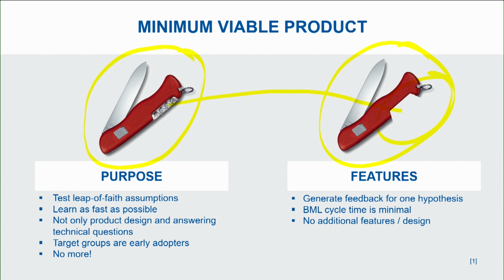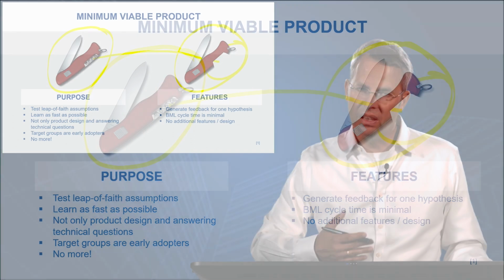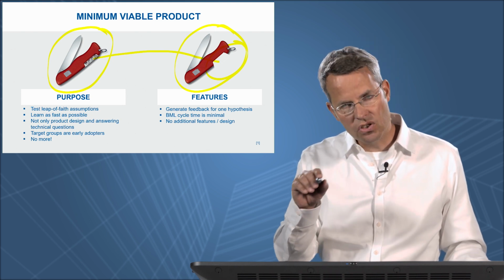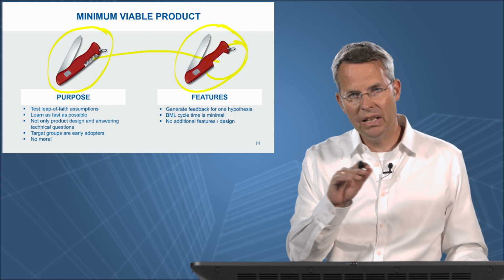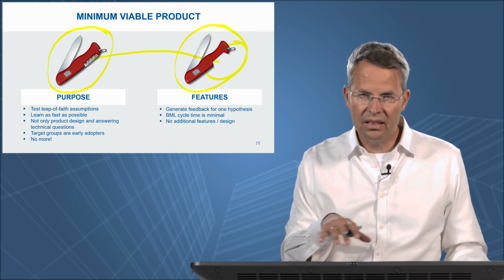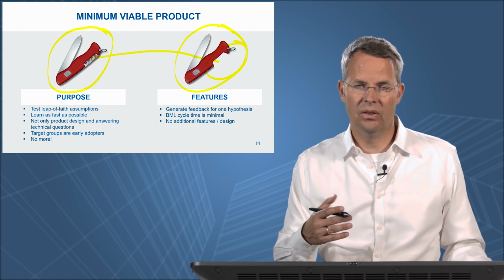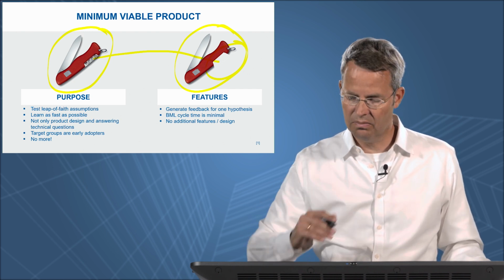Basically, it's important in that first step to get feedback for only one hypothesis. And this is why you start really small and you try to have a build, measure, learn cycle which is really minimal, and then you can start the next build, measure, learn cycle over and over again. And this is how you work yourself into the market.